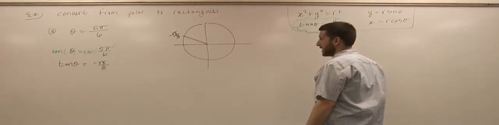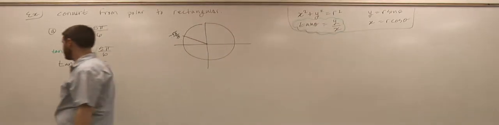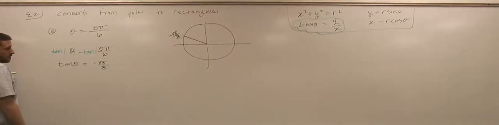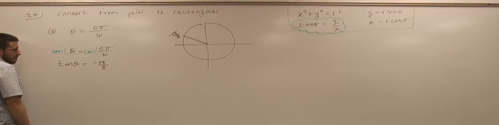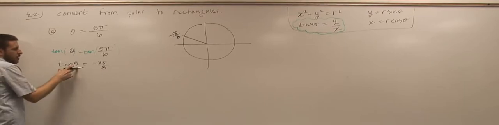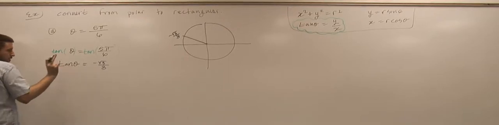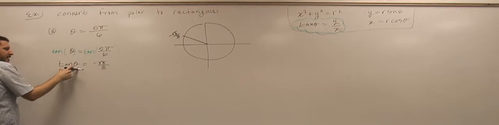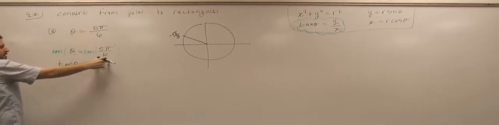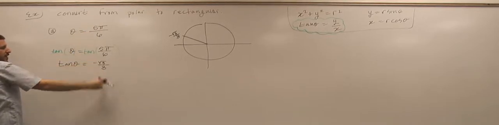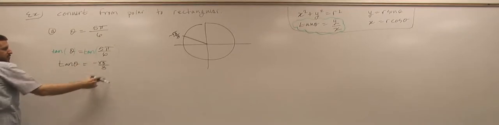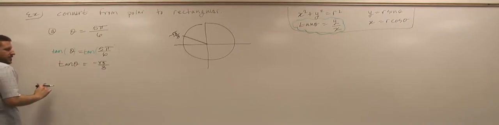Okay, what's that mean? Well, how about instead of tan theta, y is a variable. It's not one constant value. So you don't want to say y equals negative root 3 and x equals 3, because that's not really the situation.